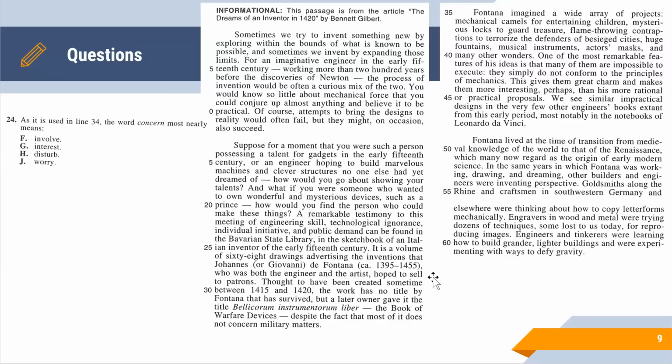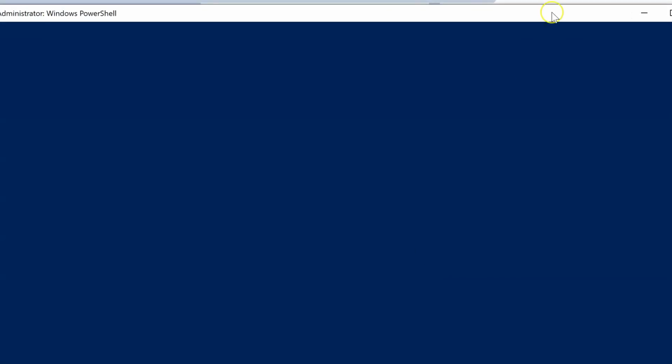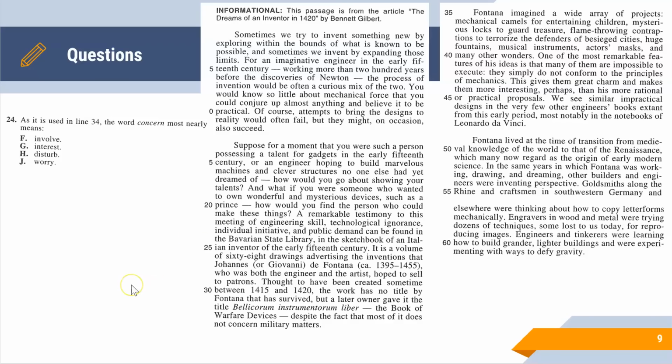Number 24 says, as it is used in line 34, the word concern most nearly means, pause the video and see if you can find an answer. The correct answer here is F, involve.